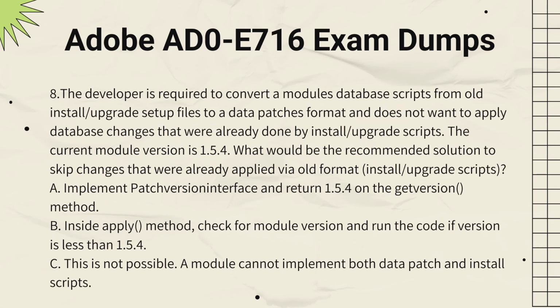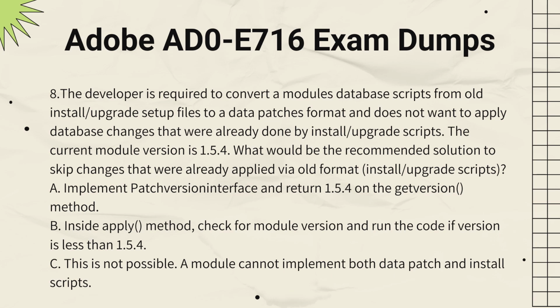8. The developer is required to convert a module's database scripts from old install/upgrade setup files to a data patches format and does not want to apply database changes that were already done by install/upgrade scripts. The current module version is 1.5.4. What would be the recommended solution to skip changes that were already applied via old format install/upgrade scripts?